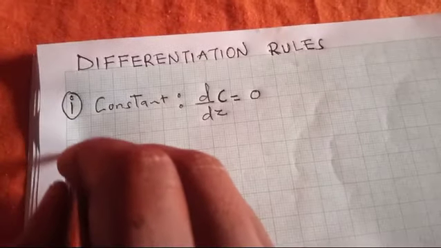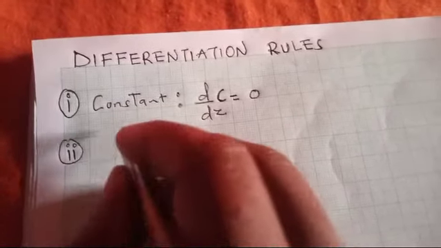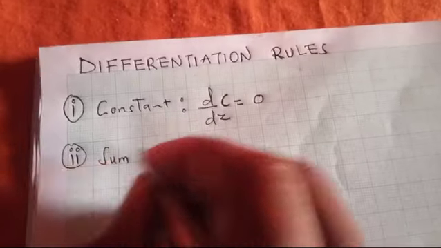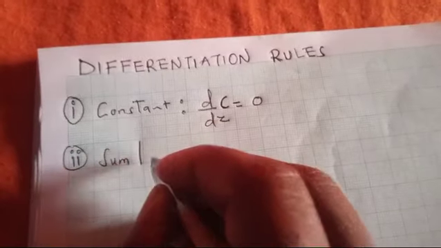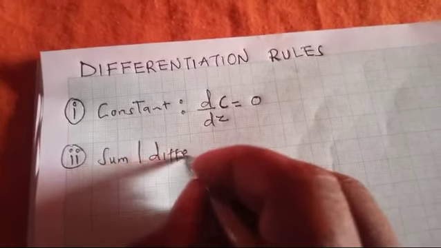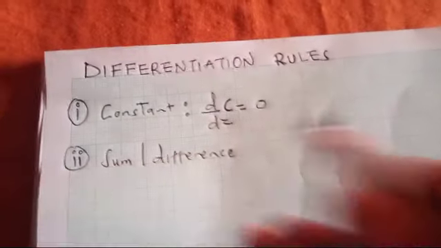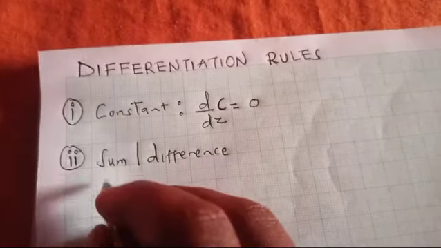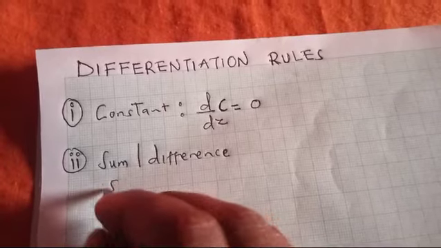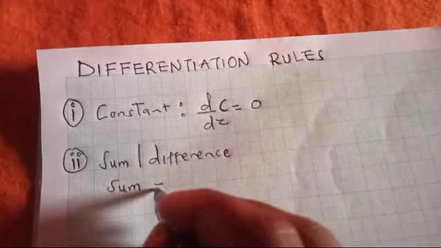So the second rule is for the sum stroke the difference. Let us start with the first one, sum.